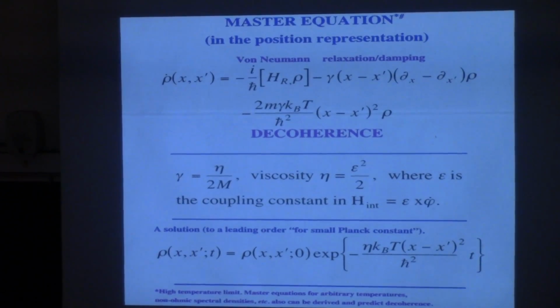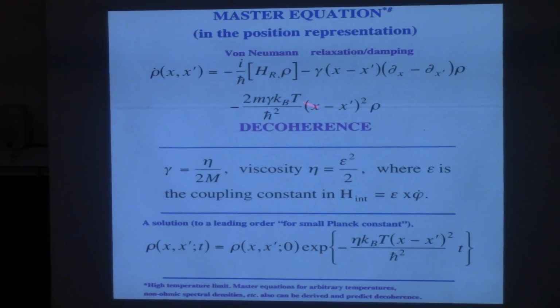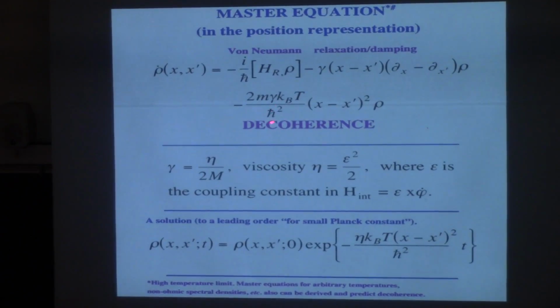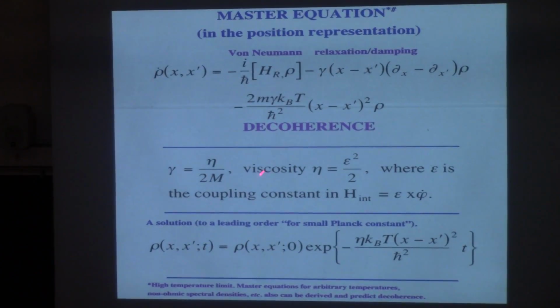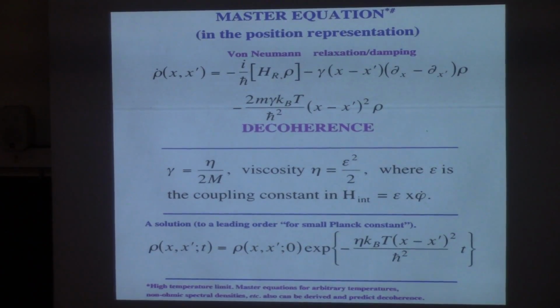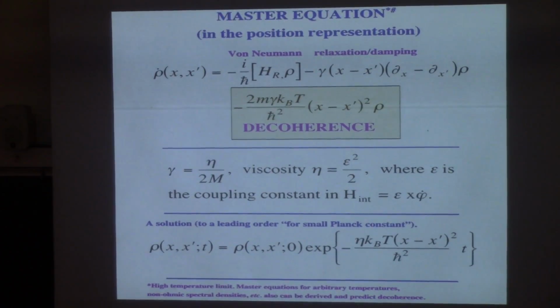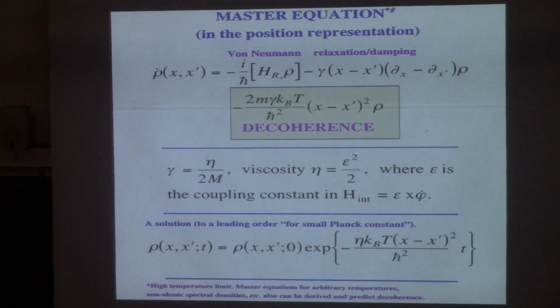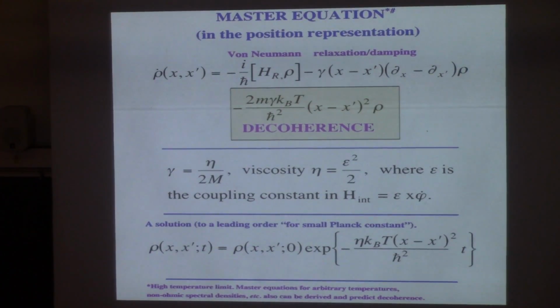Small h bar is where you look for classicality. Well, here you see that from the terms on the right-hand side, h bar squared appears in the denominator here. So this will blow up as h bar goes down. So clearly this term is important, and it turns out this term really dominates decoherence.